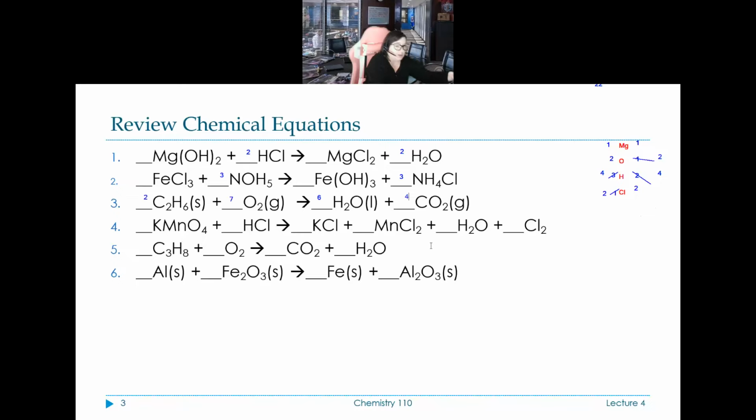Now the next one that we're going to deal with, and I'll put this back up so you can see it. KMnO4 plus HCl goes to KCl plus MnCl2 plus H2O plus Cl2.